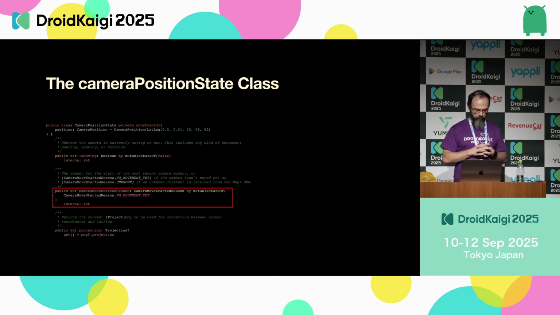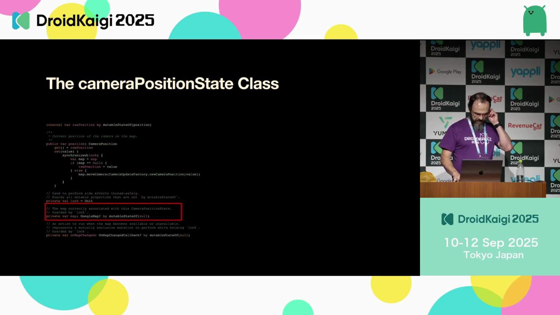Then we also have another variable to determine the reason for the camera to be moving. This is something that we use also to mirror the underlying framework. We try to make Android Maps Compose as reflective of the underlying SDK, and part of it is providing support for those methods.